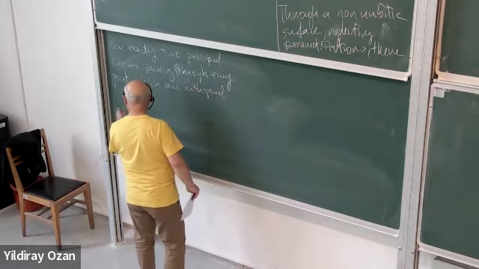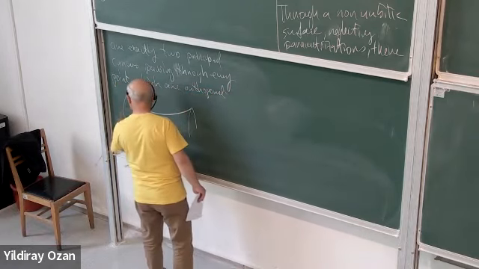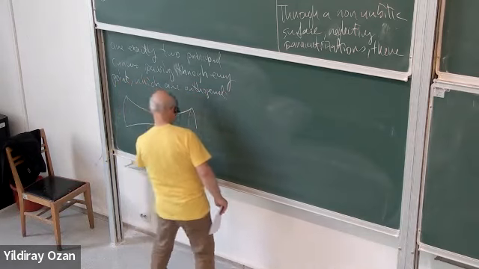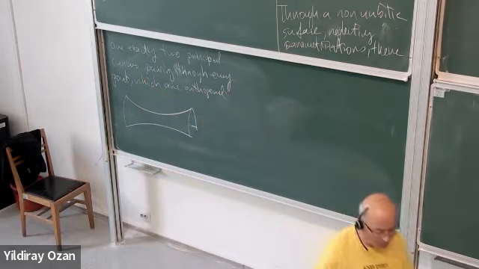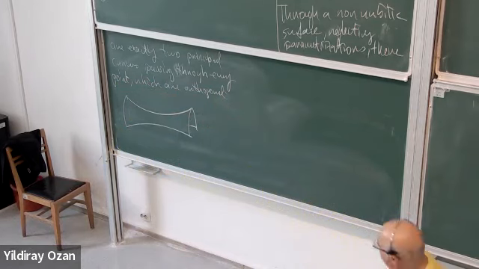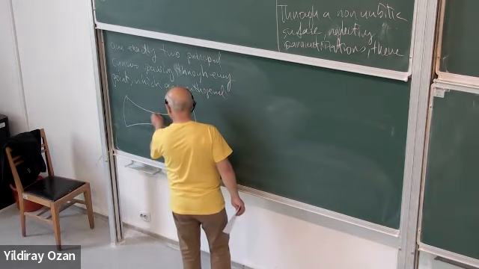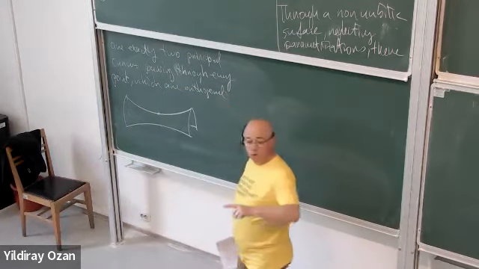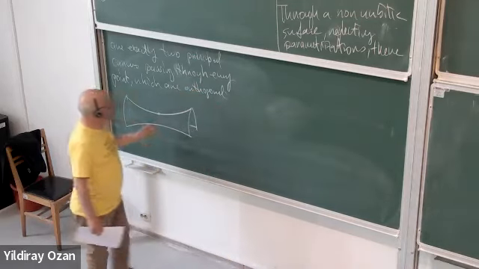Let's see, for example, a picture of such a surface. So this is a non-umbilic surface. Consider, for example, this point. Through this point, there are two principal directions.